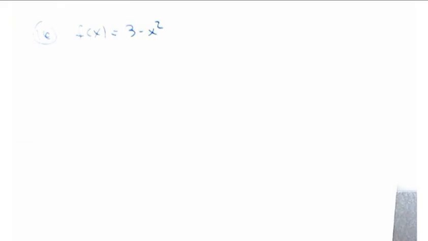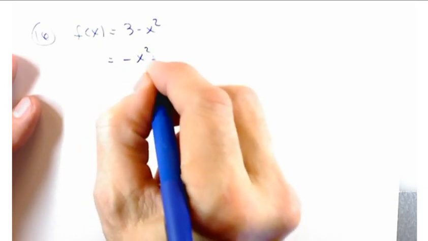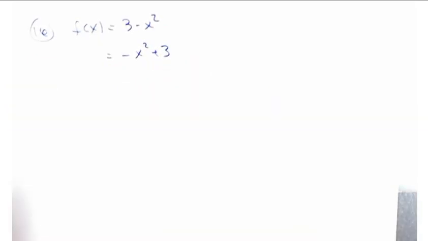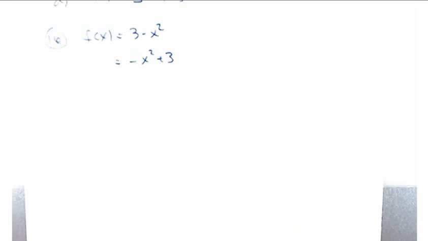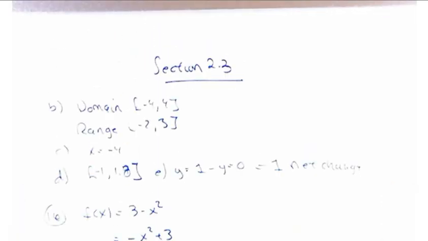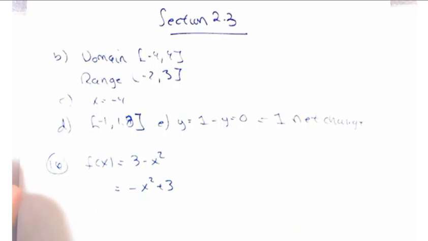Now, it would help us if we could figure out what that graph looks like. To do that, let me maybe flip this around. Negative x squared plus 3. Sorry about the problem with the focus here.